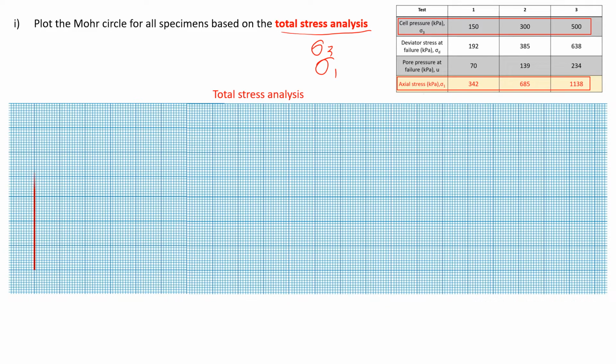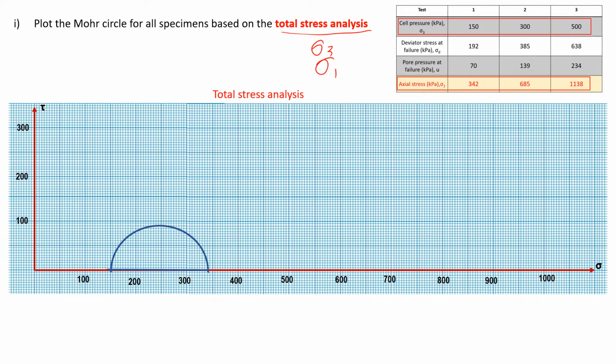Make sure you have the y-axis and x-axis, and the scale for the x-axis and y-axis should be the same. Then you can plot your first Mohr circle. As you can see here, the sigma 3 was stated at 150 kPa, and the sigma 1 is at 342.